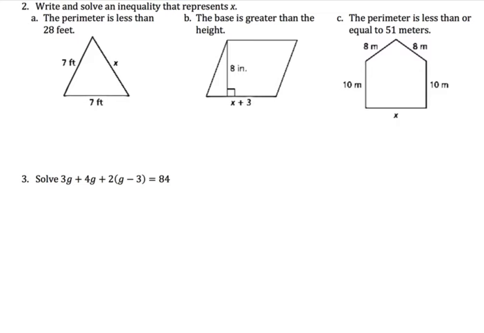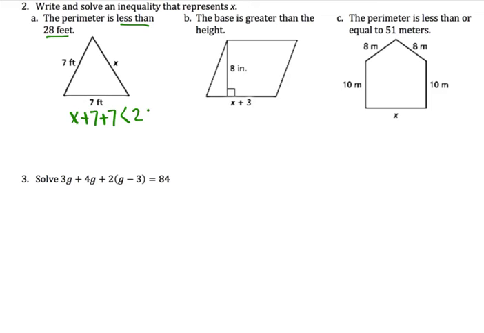Number 2, we've got some situation problems dealing with perimeter or shapes in general. On A, the perimeter is less than 28 feet. Well, perimeter of a triangle is just adding the 3 sides together. x plus 7 plus 7 has to be less than 28 feet.